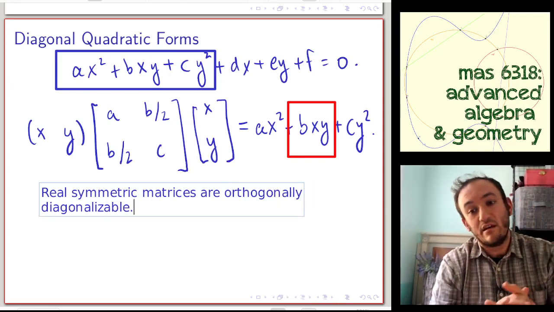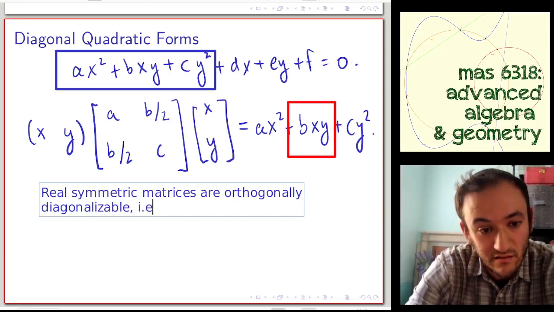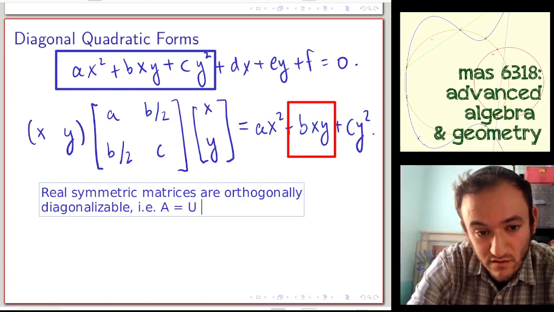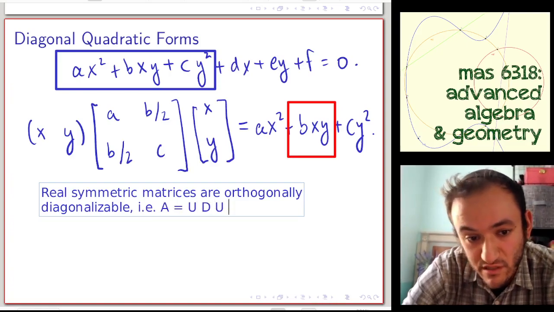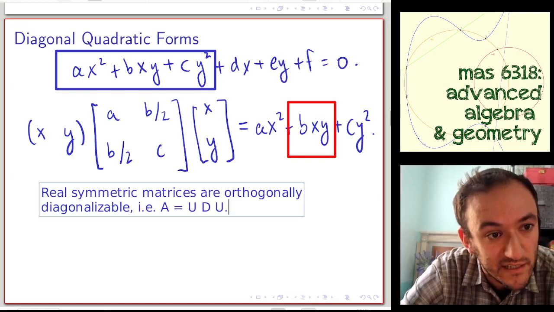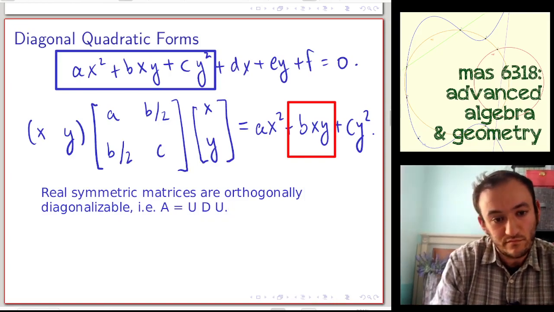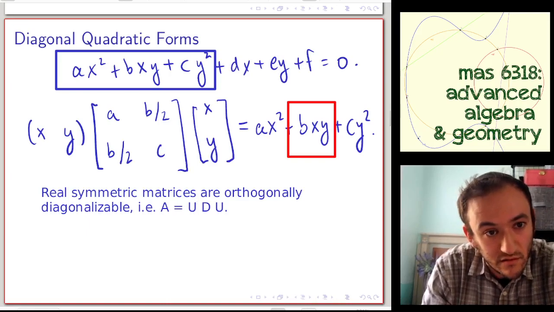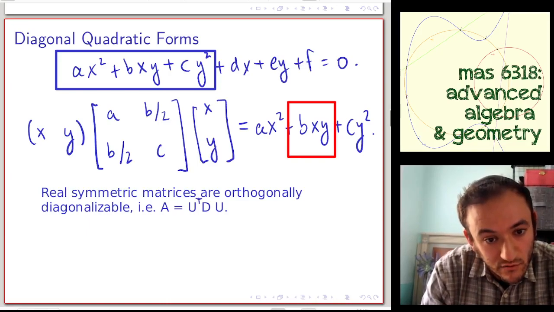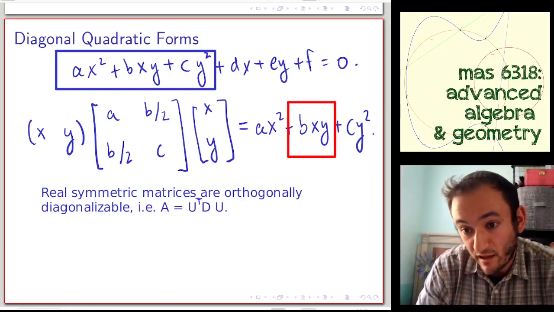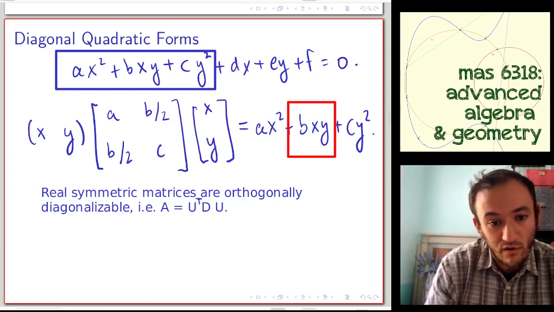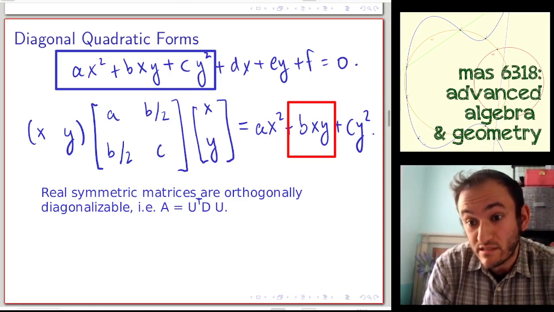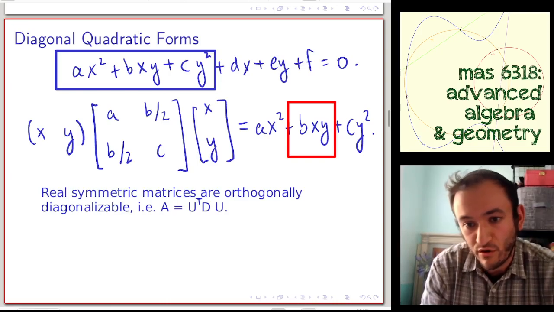That means that A is equal to U transpose times some diagonal matrix times U. So this matrix with entries a, b over 2, b over 2, c is a real symmetric matrix, assuming we're starting with real coefficients, which we are.